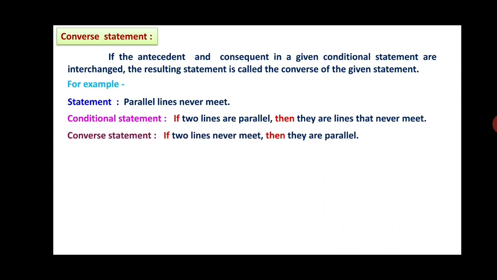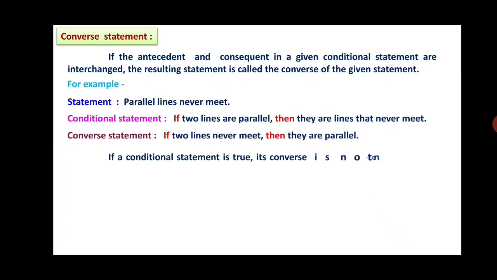So the converse statement will become: if two lines never meet, then they are parallel. Means what comes after if here will come after then in the converse, and what comes after then in the conditional statement will come after if. So this is the conditional statement and the converse of that statement.